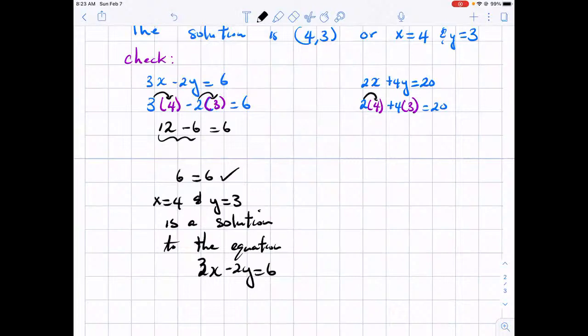If we distribute, 2 times 4 is 8, positive 4 times 3 is 12, and 8 plus 12 is 20, which is equal to 20.